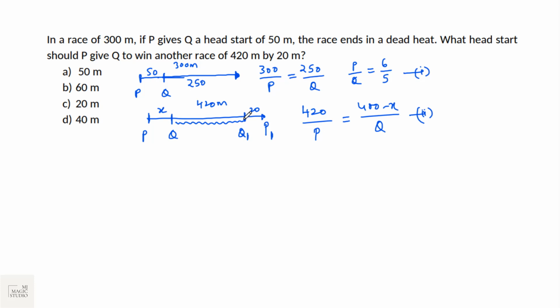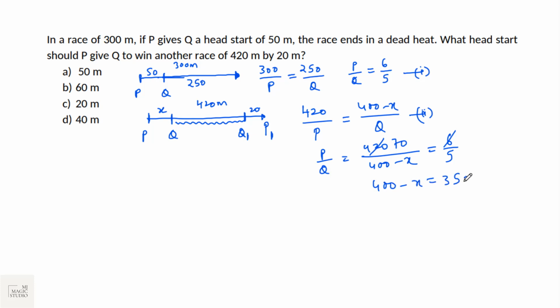Since time is the same, time means distance by speed. 420 meters distance traveled at a speed of P by P, and Q has traveled Q1, that is 420 minus 20 minus X. So from equation number 2, we will get P by Q is equal to 420 by 400 minus X, which is equal to 6 by 5 from equation number 1.